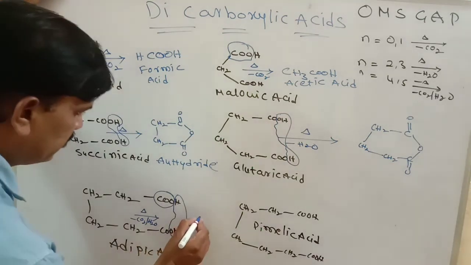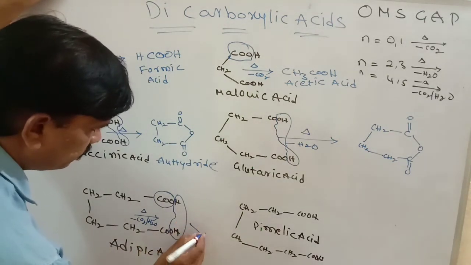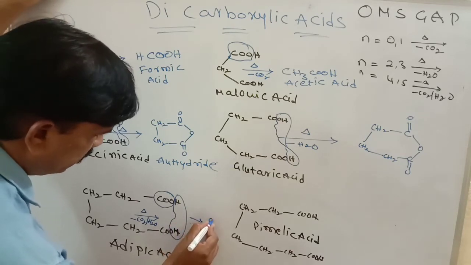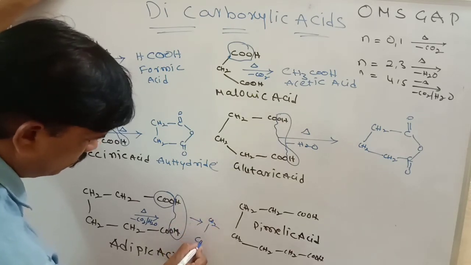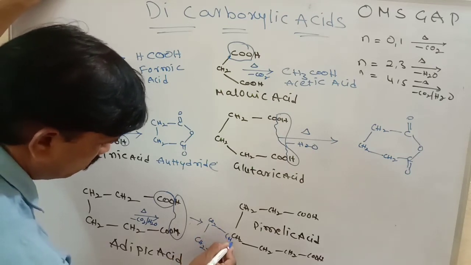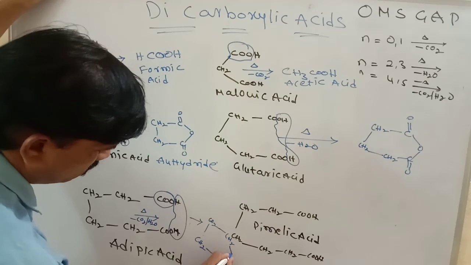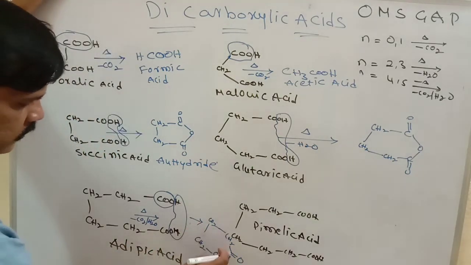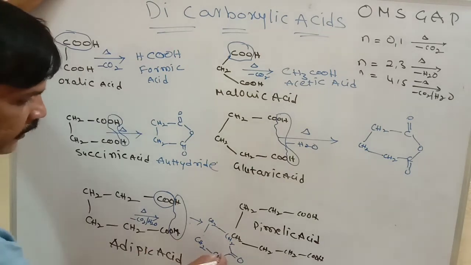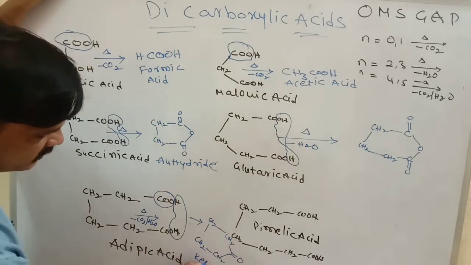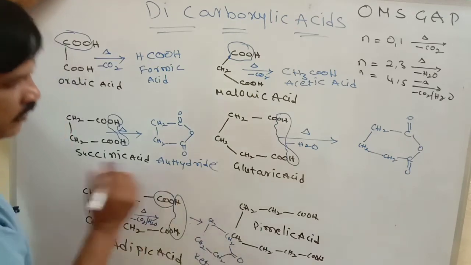So we are getting it like this: CH2, CH2, CH2, and here one more CH2, with a double bond O. 1, 2, 3, 4, 5: pentanone. Pentanone is a ketone. One type of ketone, pentanone, we are getting.